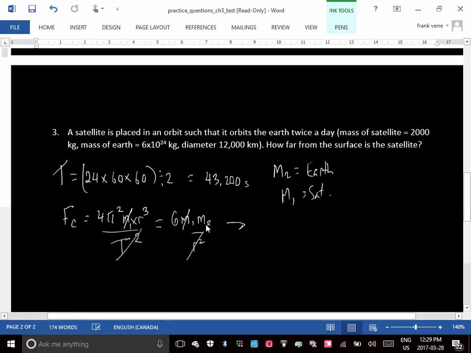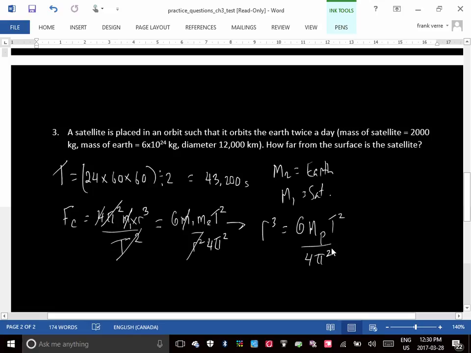Let's move t squared to this side. And then let's get rid of the 4 pi squared. So the equation should be R cubed equals big G M2, which is basically the planet, times the period squared over 4 pi squared.